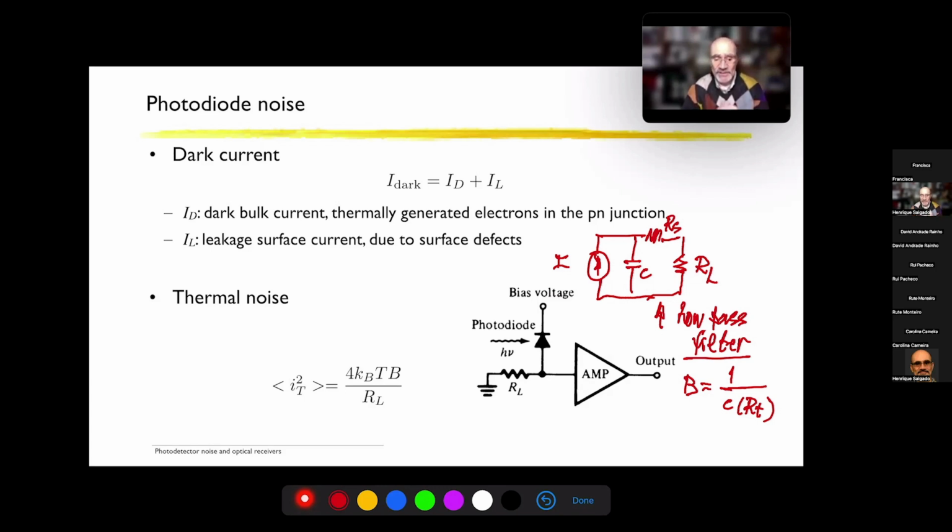Because if you want to reduce the thermal noise by increasing the resistance, then the bandwidth becomes smaller, and so there's a trade-off here between the two. So in practice, we always need to tolerate some thermal noise at the receiver.